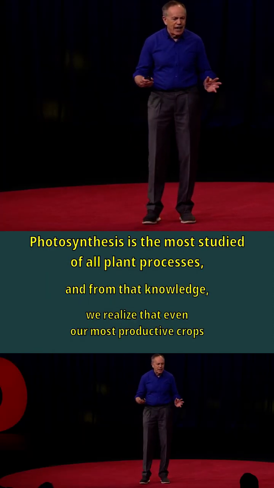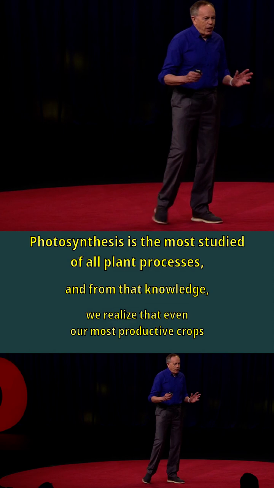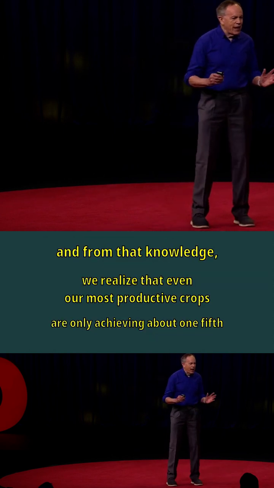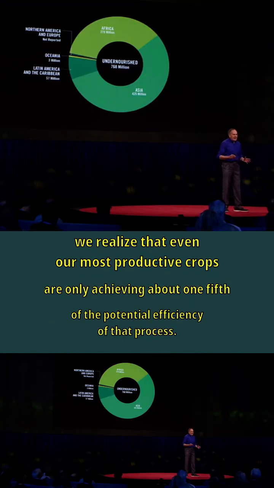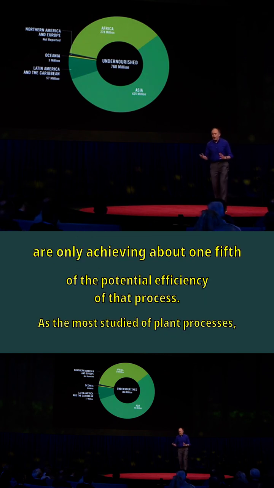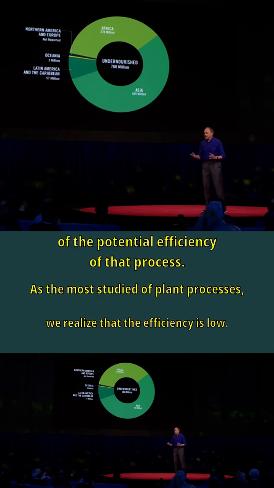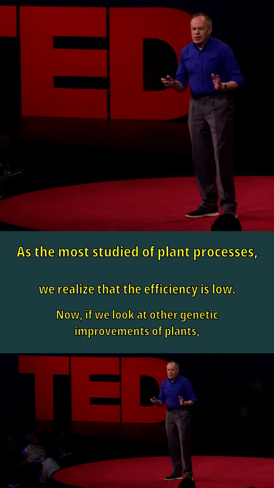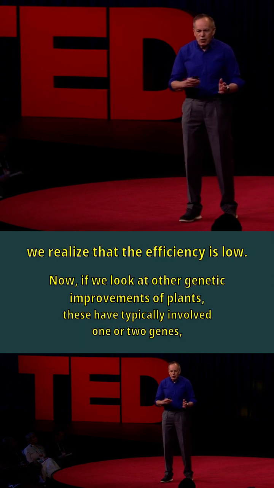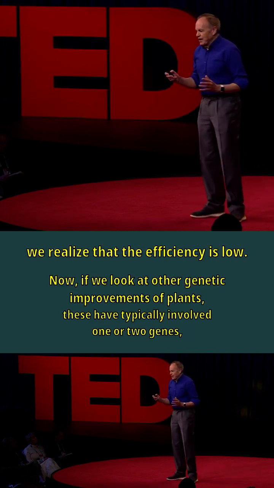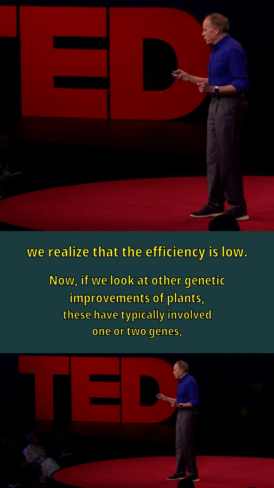Photosynthesis is the most studied of all plant processes. And from that knowledge, we realize that even our most productive crops are only achieving about 1/5 of the potential efficiency of that process.